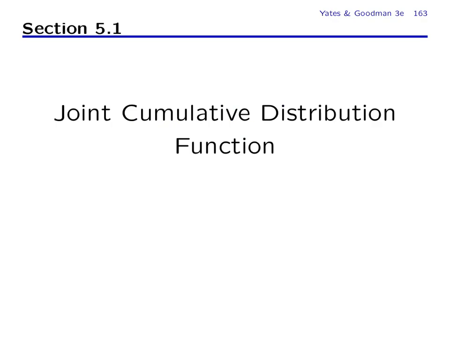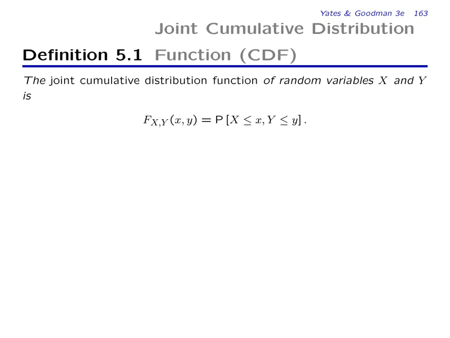Okay, so let's jump to section 5.1 where we introduce and analyze the joint cumulative distribution function. Given random variables x and y, we know that x is described by the CDF F_X of x, and y is described by the CDF F_Y of y.